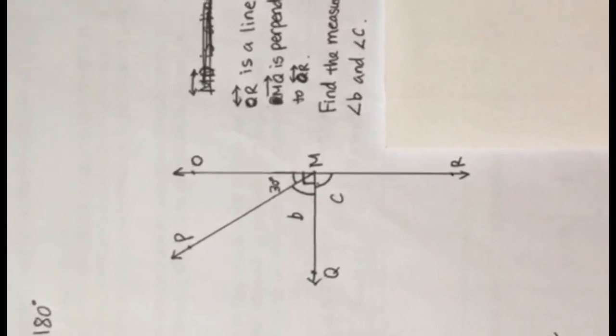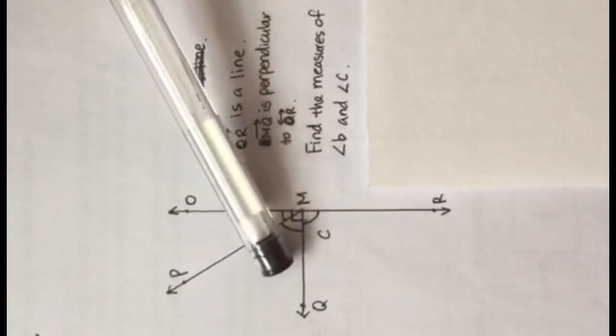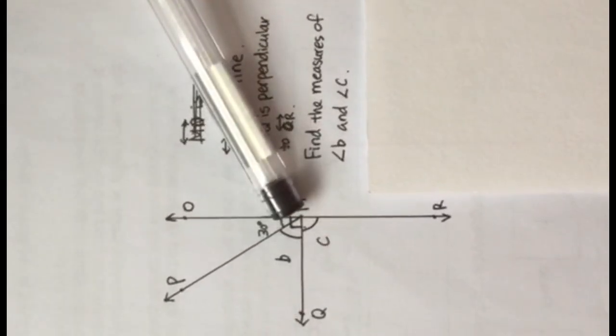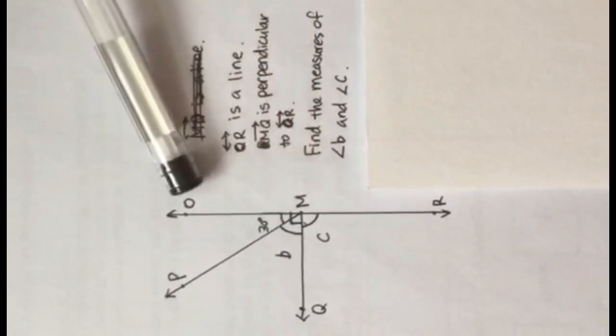Now, let's use the properties of angles and solve this problem. In this problem, OR is a line, MQ is perpendicular to the line, and the angle PMO is 30 degrees.